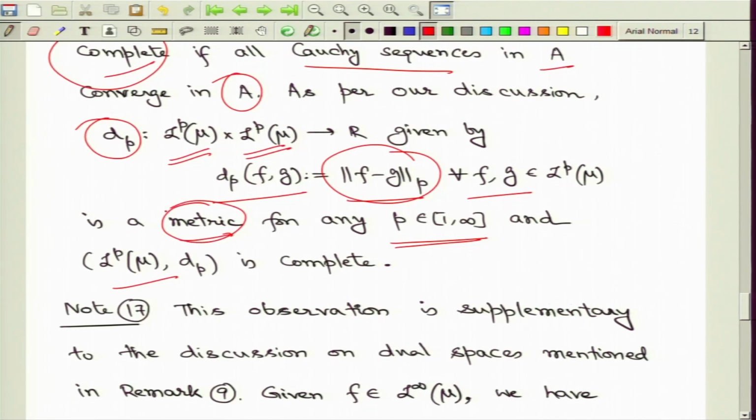So, therefore, we have that these spaces L p together with this metric actually form a complete metric space. Moreover, of course, these L p spaces have the linearity structure, and that is where we end up with this complete normed linear space structure, which is a Banach space structure. But we can also look at the metric space structure and it also turns out to be complete.